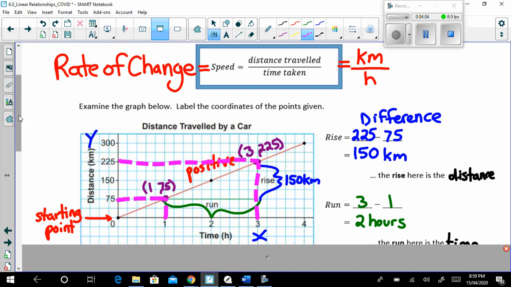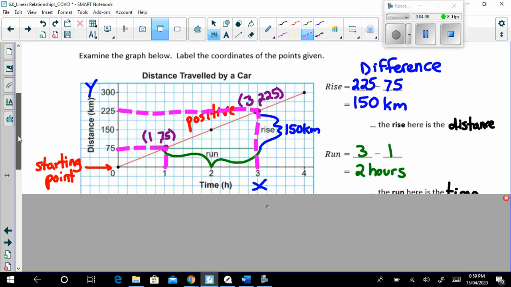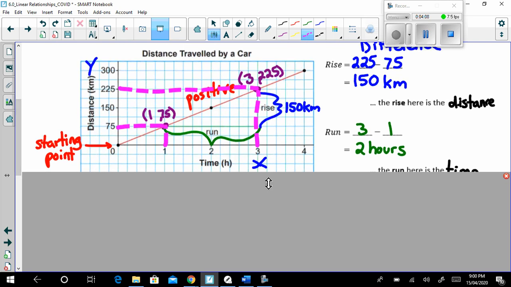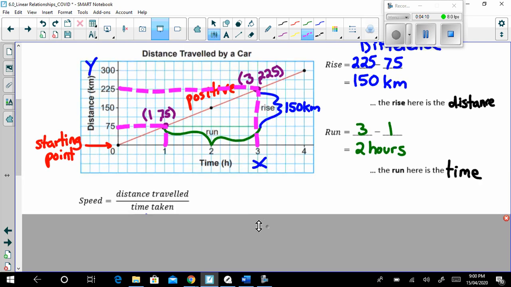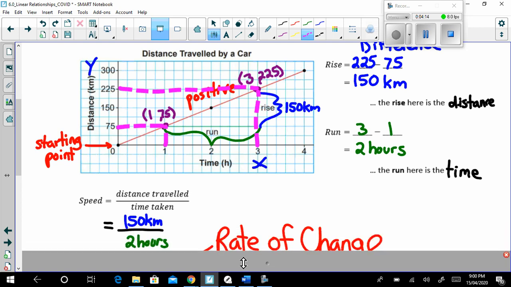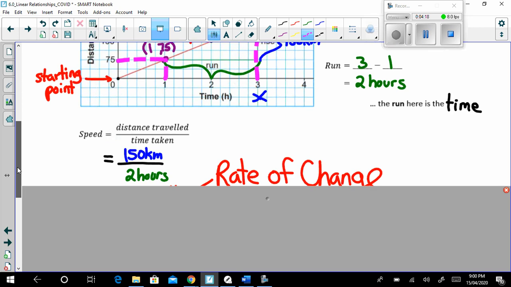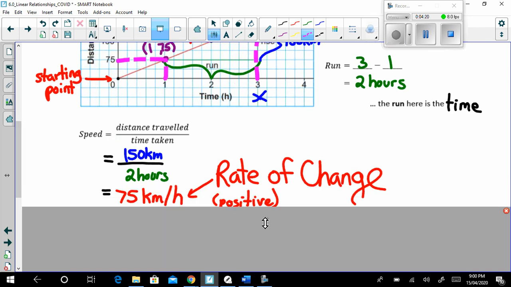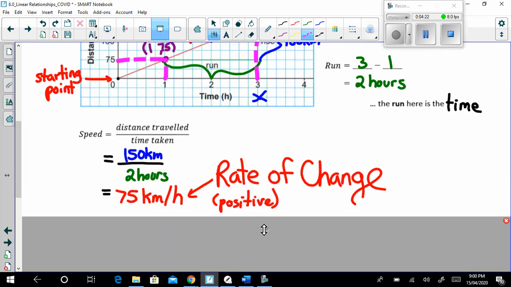Then to find the rate or the speed, we take our difference in distance and divide it by our difference in time. We determine that the speed or the rate of change is 75 kilometers per hour. We get a positive answer, and our graph is positive, going up to the right.